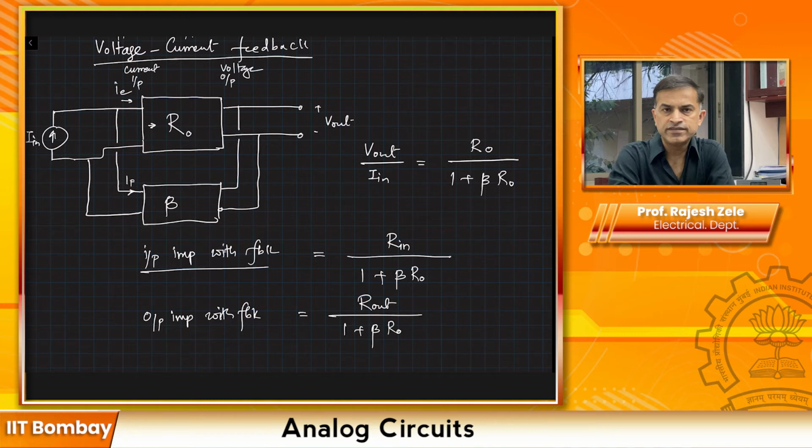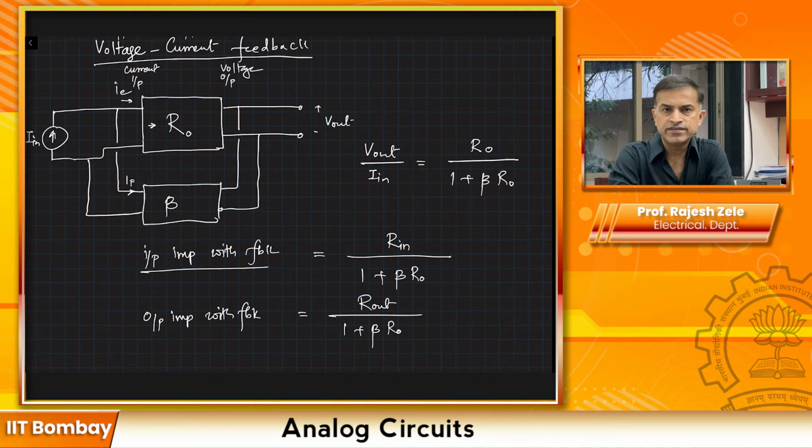Now you may wonder, how do I remember all these things? Does it get multiplied or divided, right? So I'll teach you a quick trick. Essentially, whenever there is something in parallel at either the output port or input port.